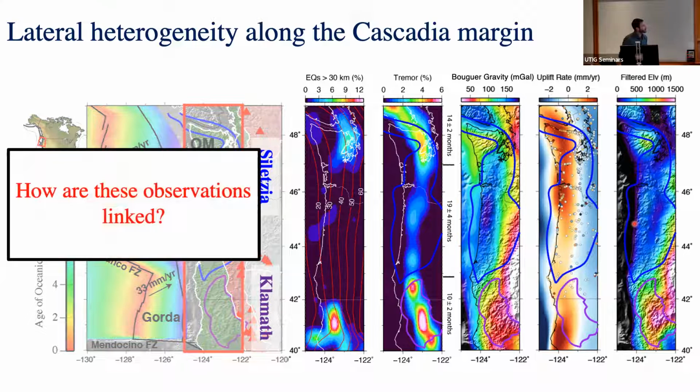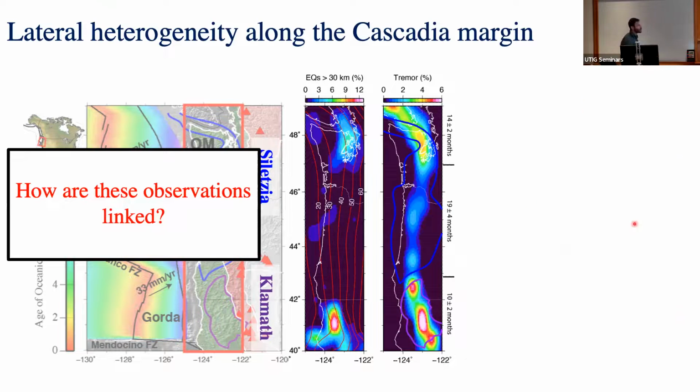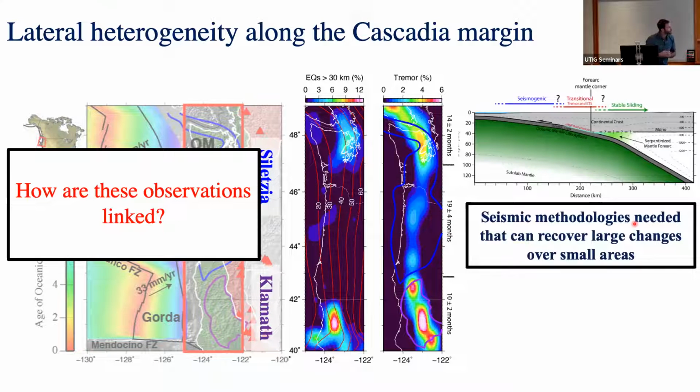So the goal of this talk is to try to figure out what physical mechanisms can relate these different observations to each other. I want to first start off by just focusing on these seismogenic phenomena. In order to understand what's going on near the plate interface and how this might communicate with the surface, we need to create a model of seismic properties that can accurately recover large changes in seismic properties over relatively small spatial scales.